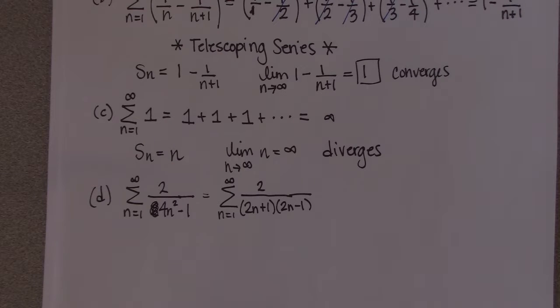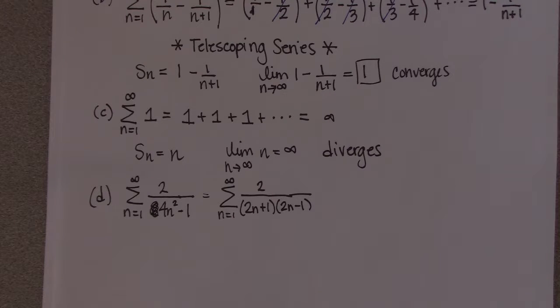And these factors make me suspicious, okay? The reason I'm getting suspicious is because if I plug in 2n plus 1, and then 2n minus 1, those numbers on a number line are only 2 spaces apart, right? And I know that we have a thing we learned called partial fractions.